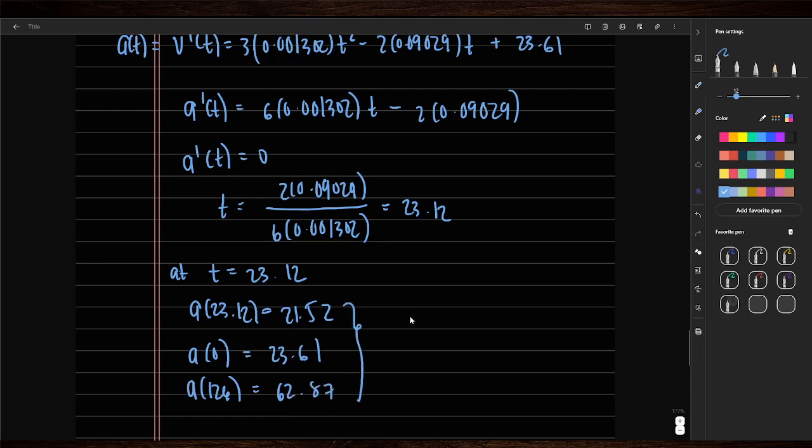By observing these three values, your absolute minimum is at the critical time that we got, which is 23.12 seconds, and the absolute maximum would be at the greater time, which is 126.